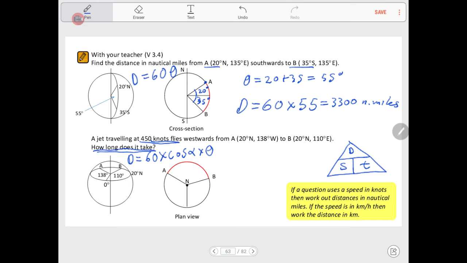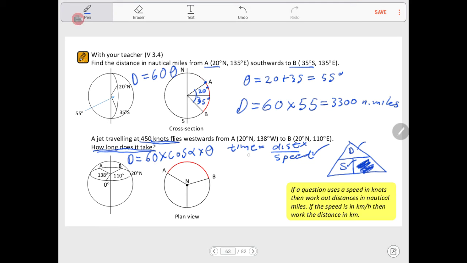We want to know time, so we cover up time, and we can see that time is distance over speed. So if we divide distance by speed, that gives us time. We still need to calculate the distance. We know the speed is 450 knots, but we need to do a calculation for the distance.